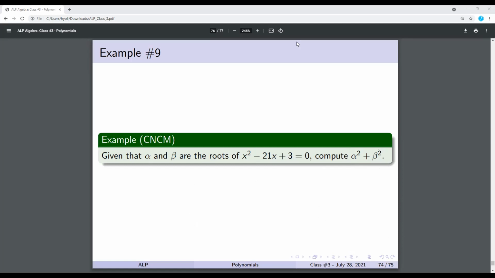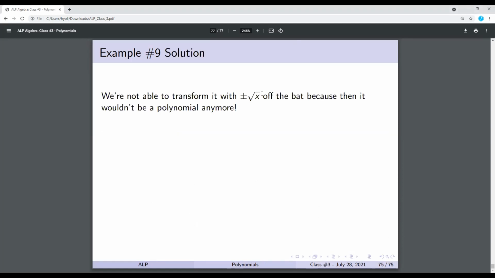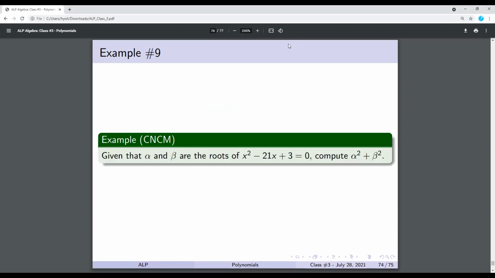However, we won't be able to transform it with plus or minus square root of x off the bat because it wouldn't be a polynomial anymore. So looking back at this, if we try to become a little bit more creative, we see that if we plug in negative x instead of x, our new polynomial would have roots of negative a and negative b. And if we multiply with the original polynomial, the signs of the roots are canceled and the roots are squared.